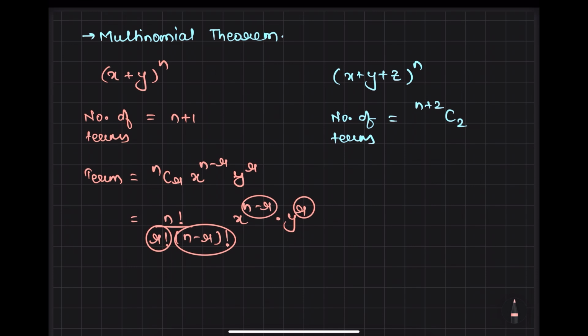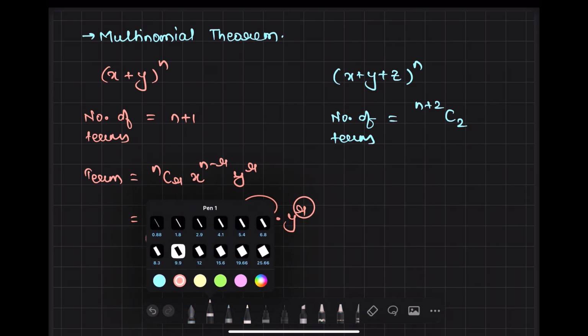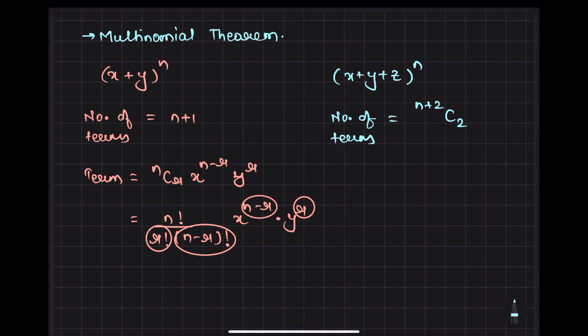What is in the denominator? n minus r factorial. So can we apply the same logic over multinomial as the general term? I don't want to use any formula. Look at this, I will be writing full n factorial on the numerator, and then we have x power, suppose it is a, y power suppose it is b, and z power suppose it is c.